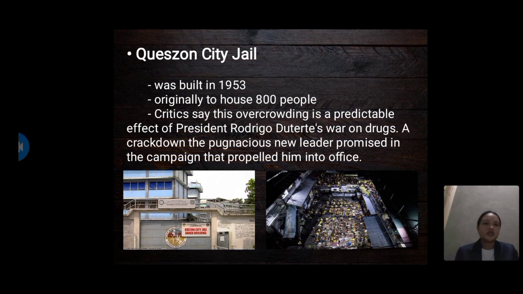Quezon City Jail was built in 1953, originally to house 800 people. Critics say this overcrowding is a predictable effect of President Rodrigo Duterte's war on drugs, a crackdown the pugnacious new leader promised in the campaign that propelled him into office. So the war on drugs was the reason for this situation inside the corrections.